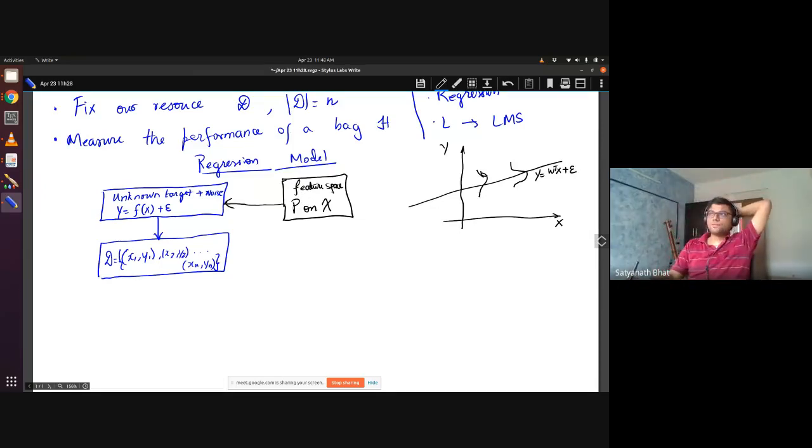So you have several samples x1 to xn, you apply this, where epsilon is some noise. In the example we saw when we studied regression, we chose this as normal, if you remember. And then we have a learning algorithm.